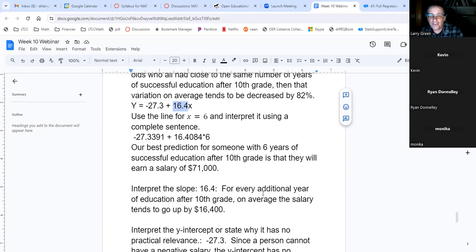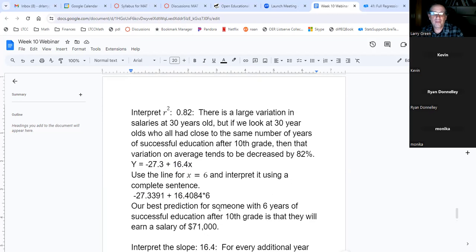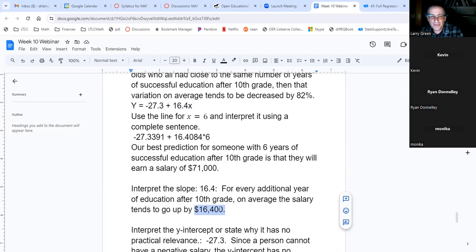So for every additional year of education after 10th grade, on average, the salary tends to go up by $16,400. Any questions on how I made that interpretation? Any questions?